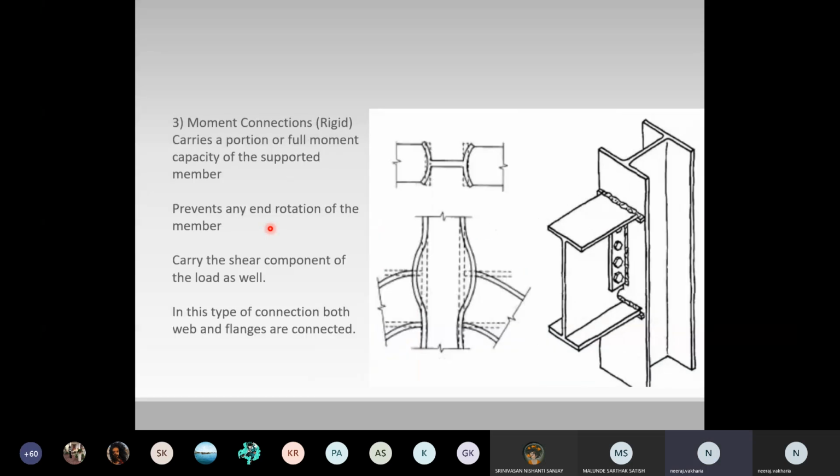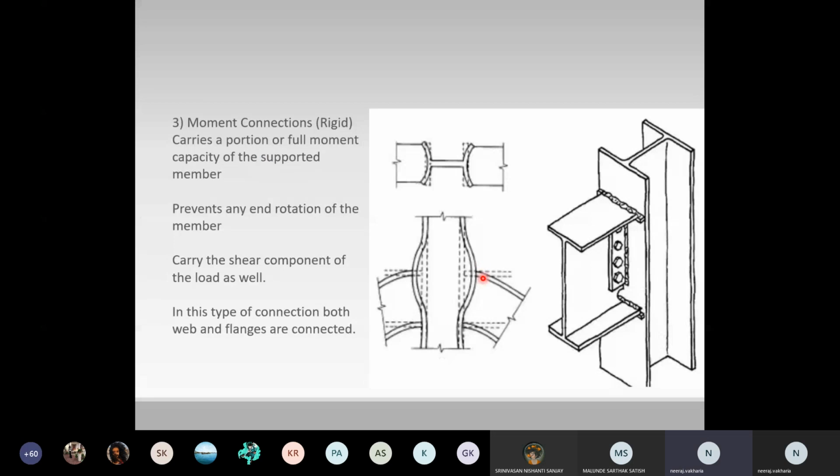Then comes the moment connection, which is rigid connection. Moment connections primarily carry moment loading. However, again, these are like a fixed end condition which we learned last year. So they carry axial loading, they resist the shear loading, and also they resist the moment which is getting created in the beams.